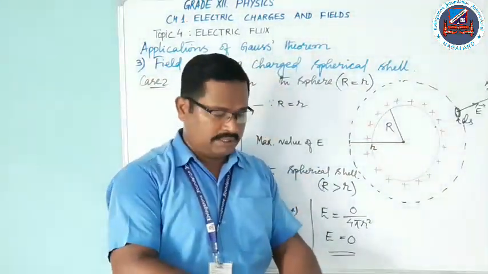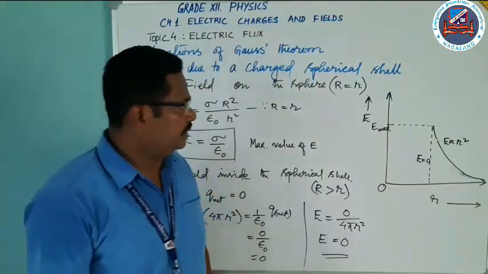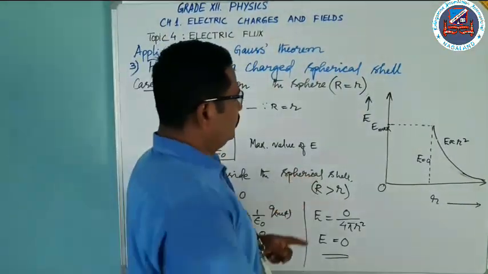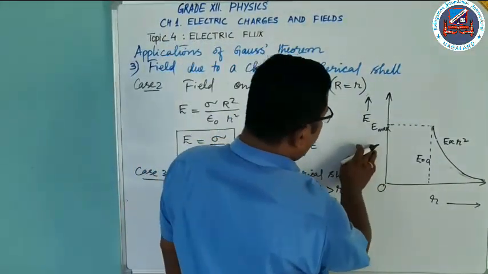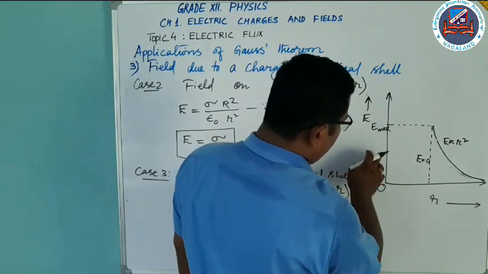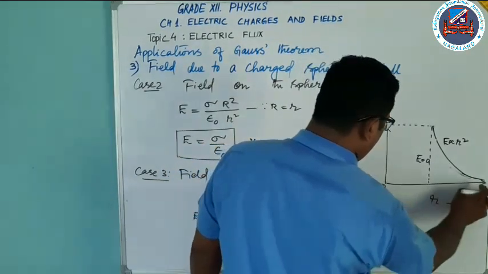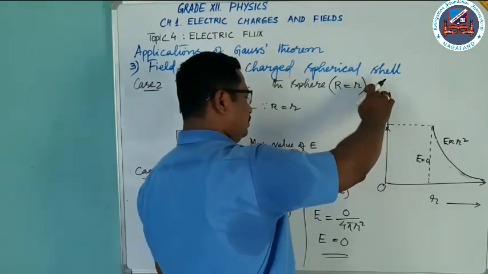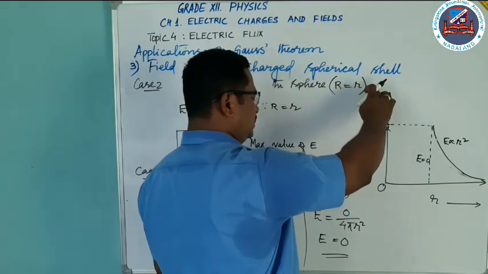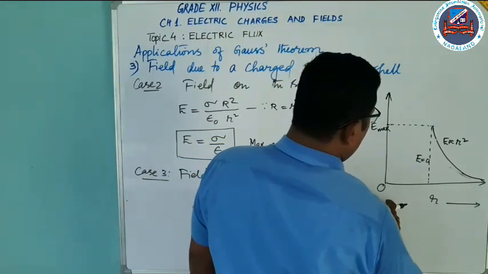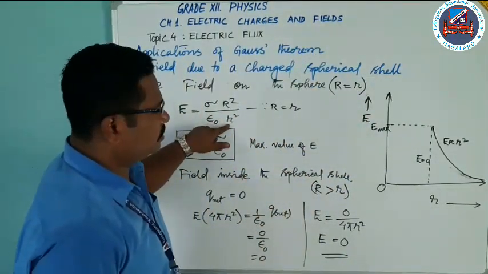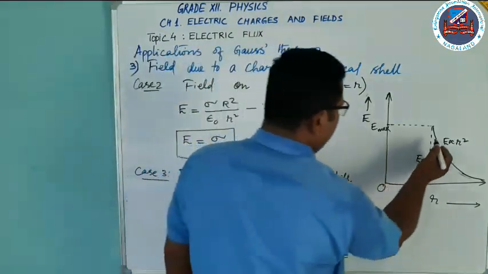To conclude it, if we represent these three cases graphically, then we can represent like this. This is r along x-axis, electric field intensity along y-axis. Then the first case, as we know, E is inversely proportional to r square. We can represent it this way.